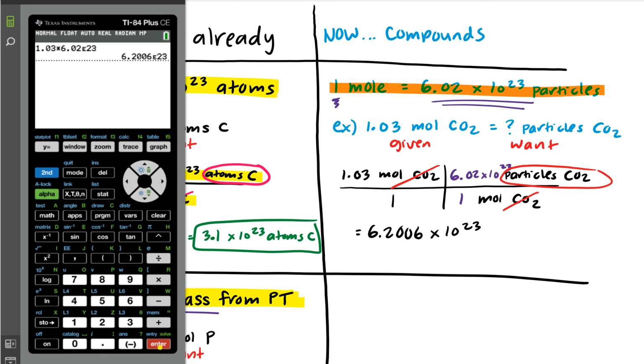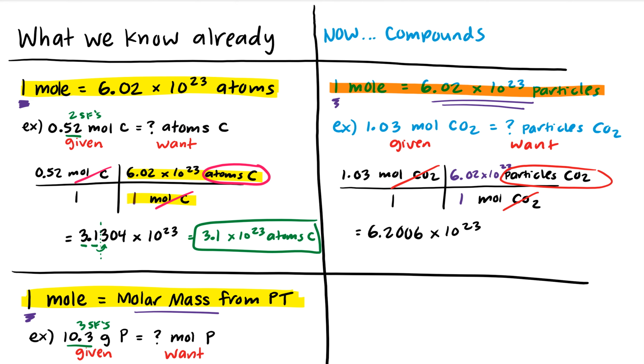Okay, now look at your sig figs. You have 3 sig figs in the given, so I would like to keep 3 significant figures in our final answer. And so we round this to 6.20 times 10 to the 23rd particles CO2 as your final answer.